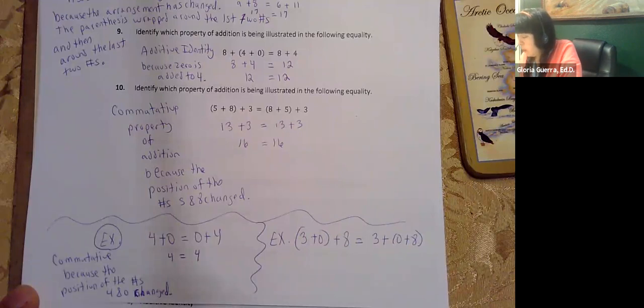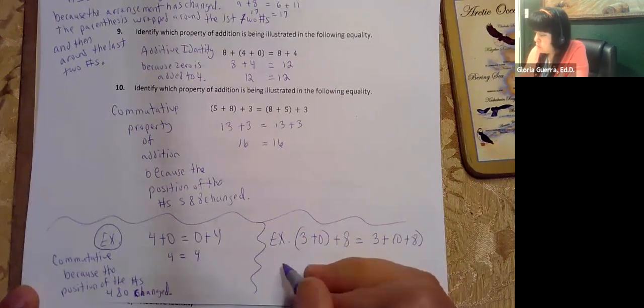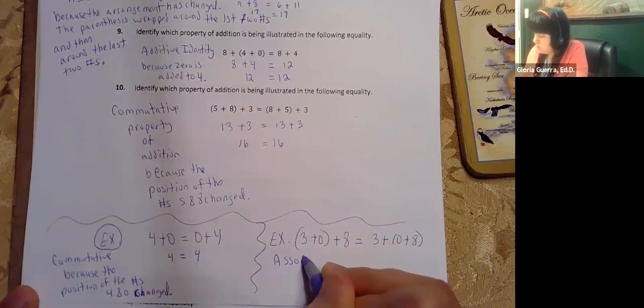But I wouldn't call it additive identity either, because if you look at the parentheses, the grouping symbols have changed. The grouping symbols are wrapped around the first two numbers, and now they're wrapped around the last two numbers. So that would be stronger to say that's more of the associative property.